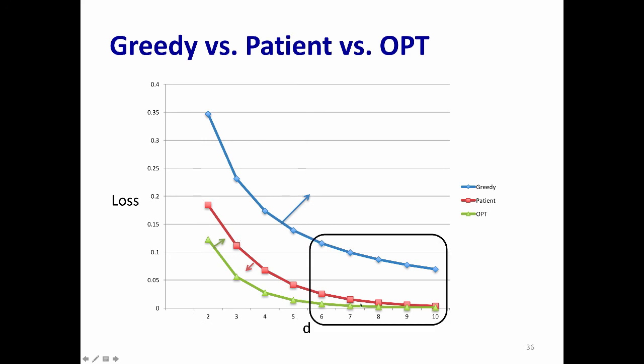But as we move on and increase network sparsity, most of the gain is achieved by merely being patient, and the network problem is solved due to market thickness. In the next video, I'm going to talk to you a little bit about the proof ideas behind these two theorems, and you will see how beautiful random graph techniques are applied in this matching problem.